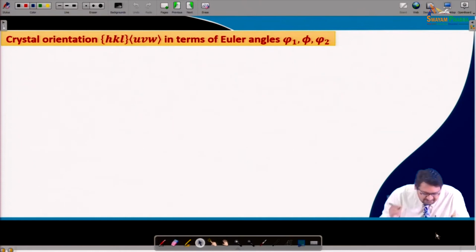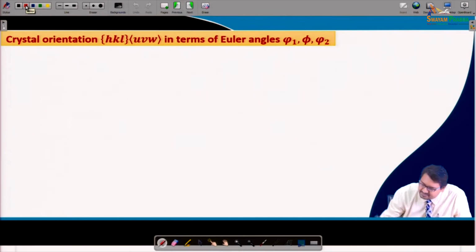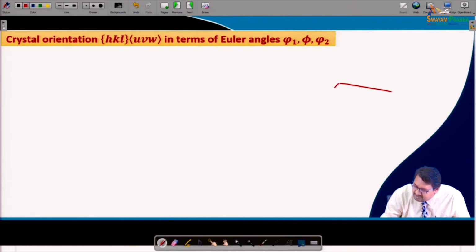So, let me first draw the Euler space. As in the other slides, I am trying to draw the Euler space, and this is the Euler space.